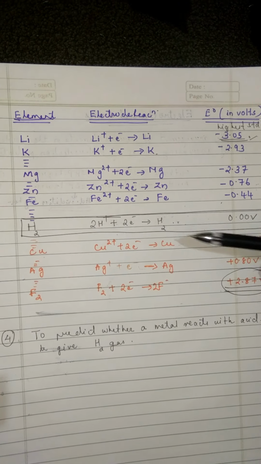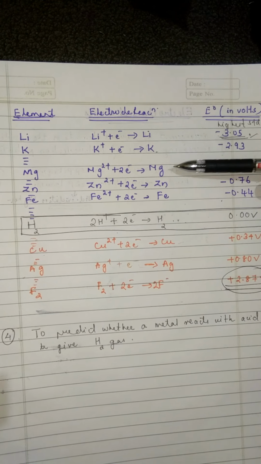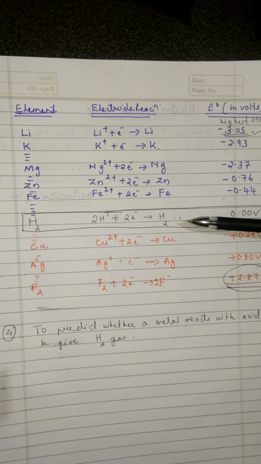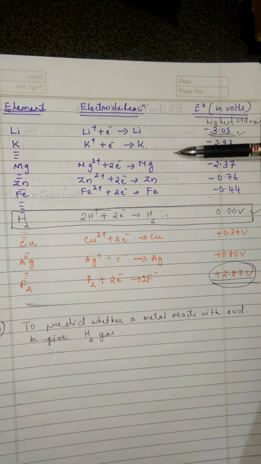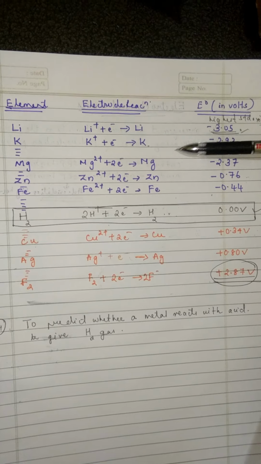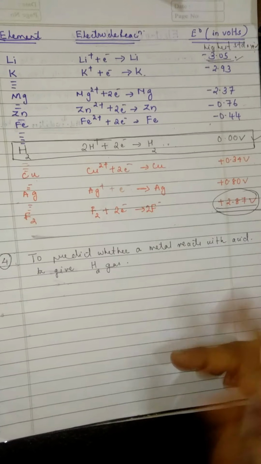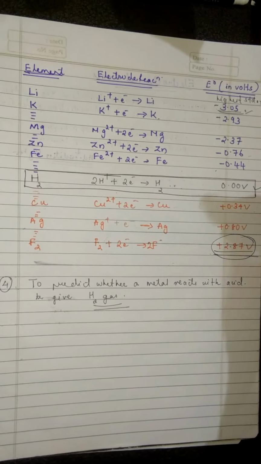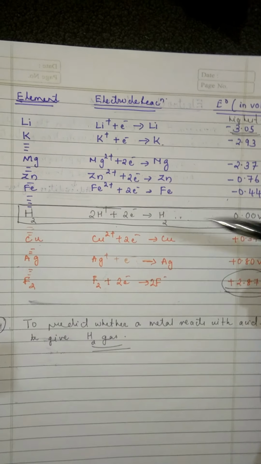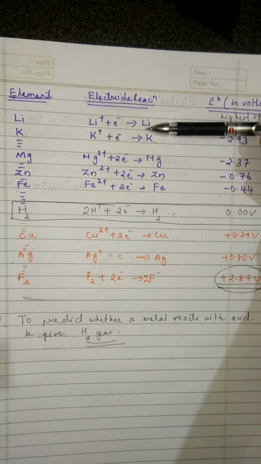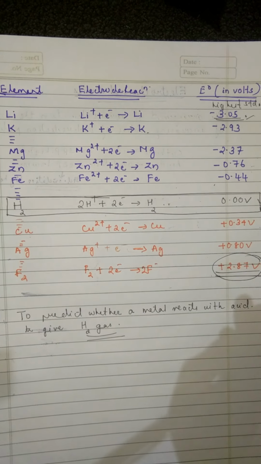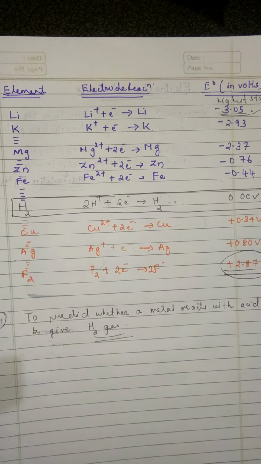So we can say that all the metals lying above hydrogen, that is the ones which have lower reduction potential, react with acid to give which gas? To give hydrogen gas. And the lower the reduction potential, the higher the reactivity, that we have already discussed. So all the elements lying above hydrogen in the electrochemical series easily react with acid to give hydrogen gas.